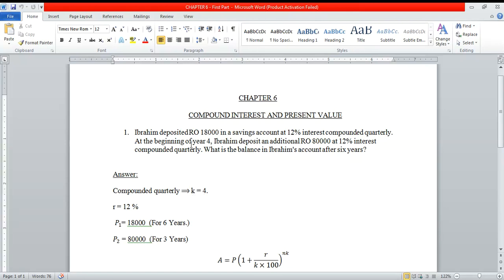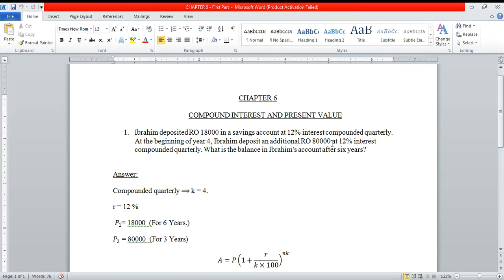Again, at the beginning of year 4, that means in the starting of the 4th year, Ibrahim deposited an additional amount. That means Ibrahim again deposited 80,000 Oman Riyal. So the second investment, that means the second principal amount, P2 equals 80,000 Oman Riyal.